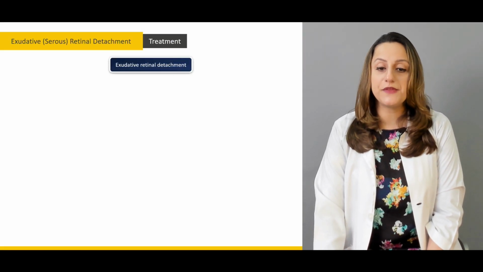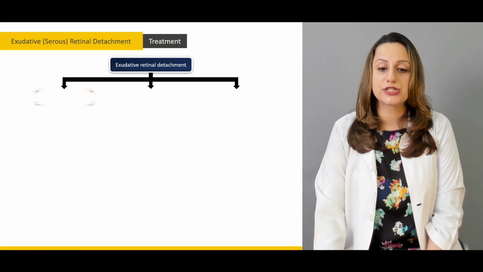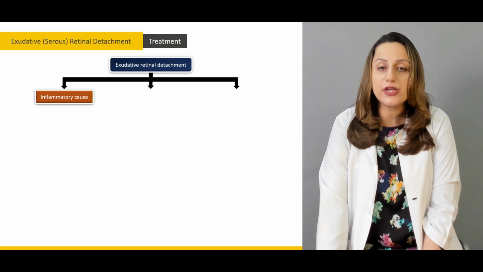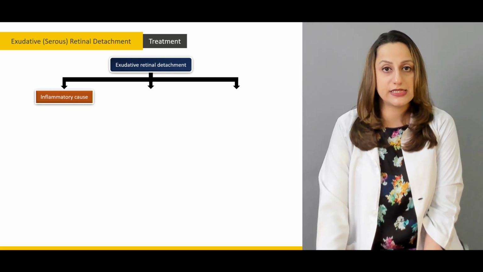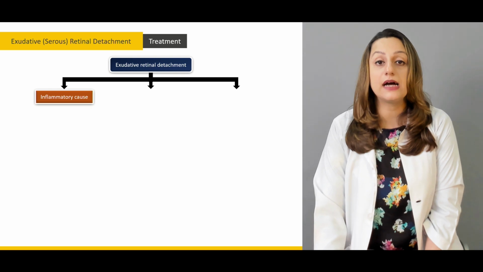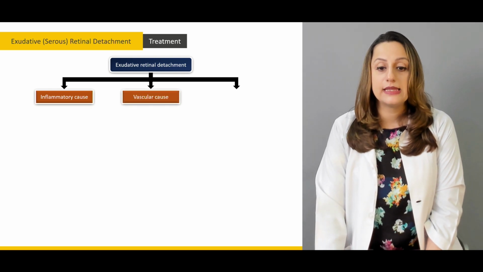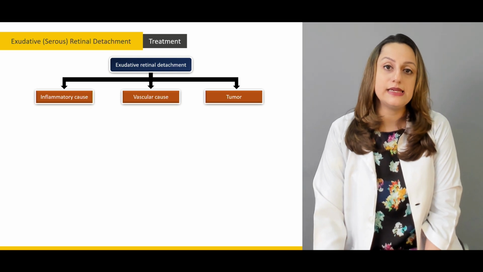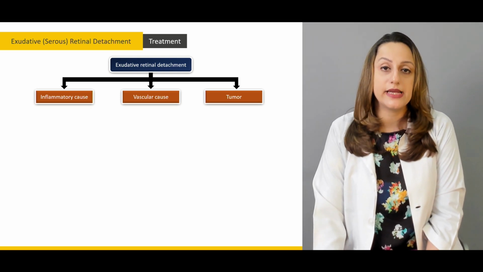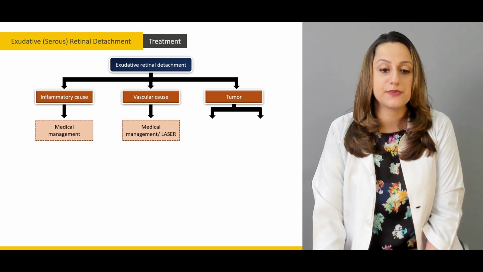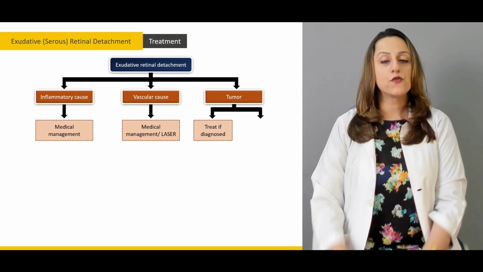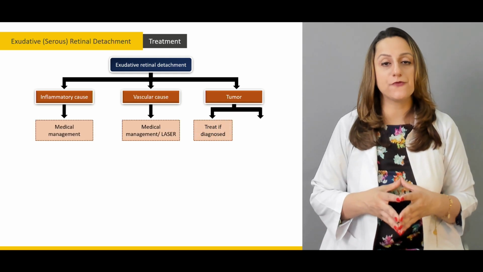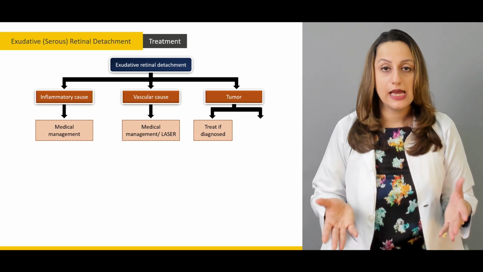The treatment of the exudative retinal detachment would consist of treating the inflammatory cause, because that is basically the underlying cause over here. Then the vascular causes are to be treated in these patients, and then obviously the tumors, if these are the underlying causes, they have to be treated as well. For the inflammatory causes, we have to focus on the medical management.